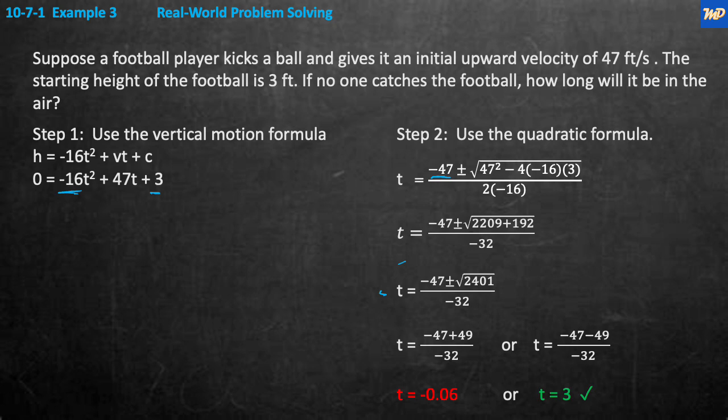Well, what is the square root of 2401? Lo and behold, you can take that and get that square root. It's 49. The square root of 49 squared is 2401. So you take minus 47 and you can add 49 to it, or you have minus 47 and you can subtract 49 from it. And both terms, the t value, the time in the air, are divided by 32.